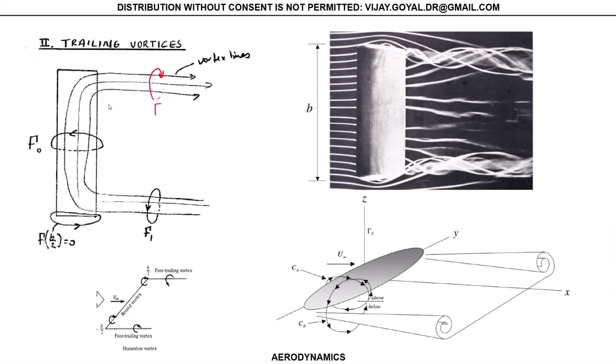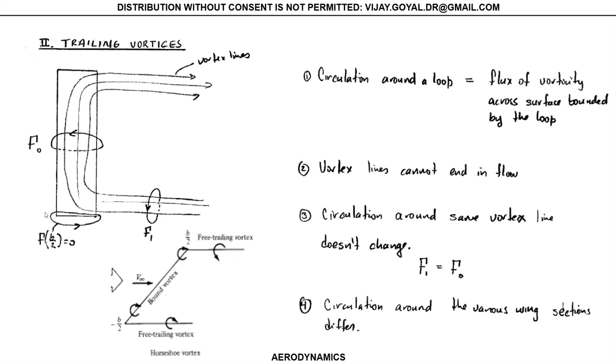And so if you move on now, one of the things to keep in mind is that the circulation around any loop is equal to the vorticity across the surface bound by that loop itself. The vortex lines cannot end in a flow. These are actually consequences of the Helmholtz vortex principle.